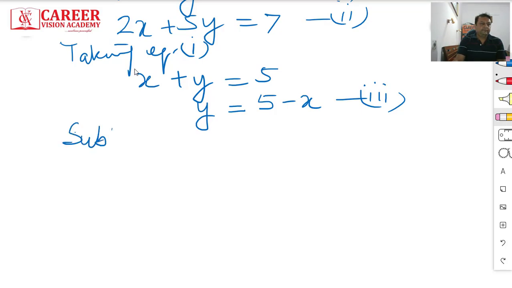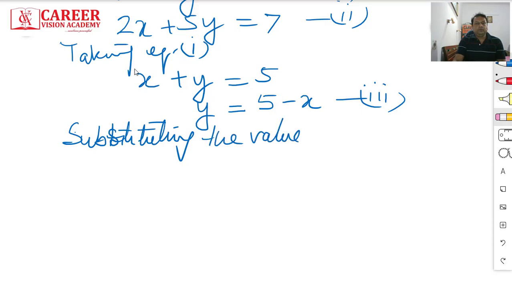So substituting the value of y in equation 2. That means I am placing the value of y in equation 2.